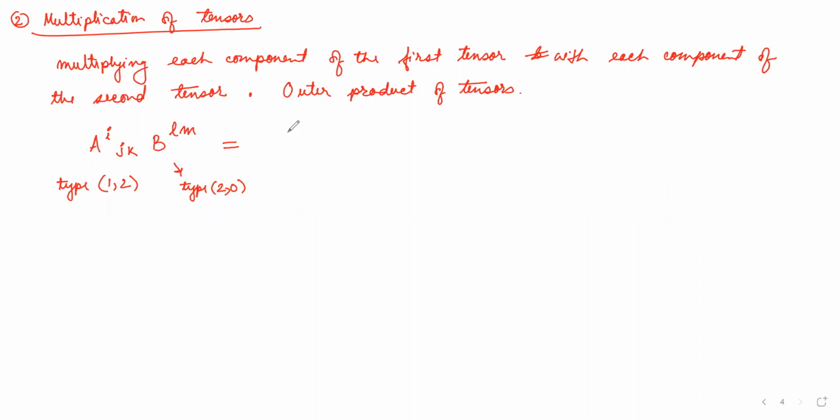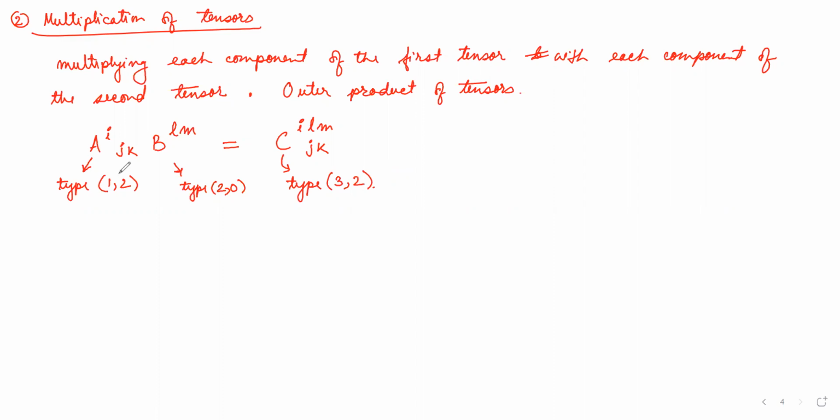The resultant tensor will be C^ilm_jk, which is of type 3, 2.